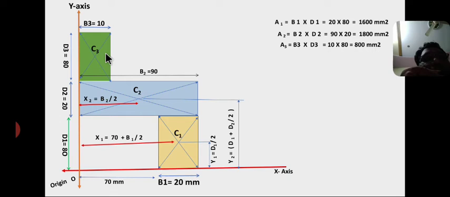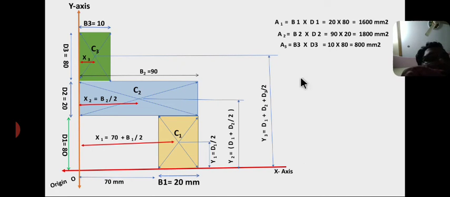In a similar way, C3 is the centroid of the third rectangle at a distance of x3 from the y-axis and y3 from the x-axis, where x3 equal to base 3 by 2, that is 10 by 2 equal to 5 mm, and y3 equal to the height of the bottom rectangle d1 plus the height of the second rectangle d2 plus half of the third rectangle, d3 by 2.